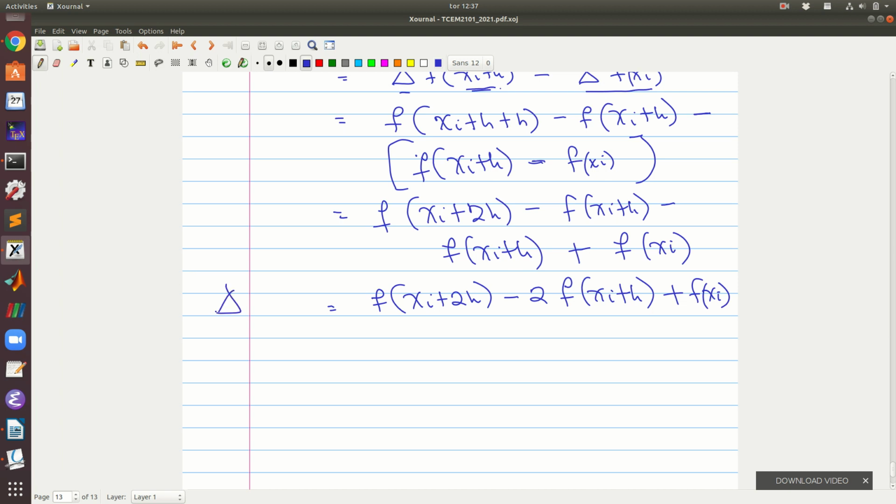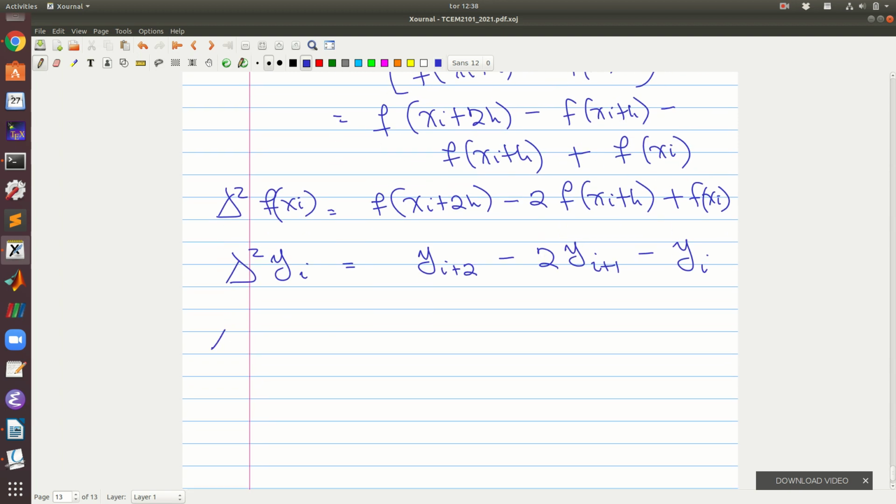This is the second forward difference at xi. Using our terminology, this is y i plus 2 minus 2 y i plus 1, plus yi.